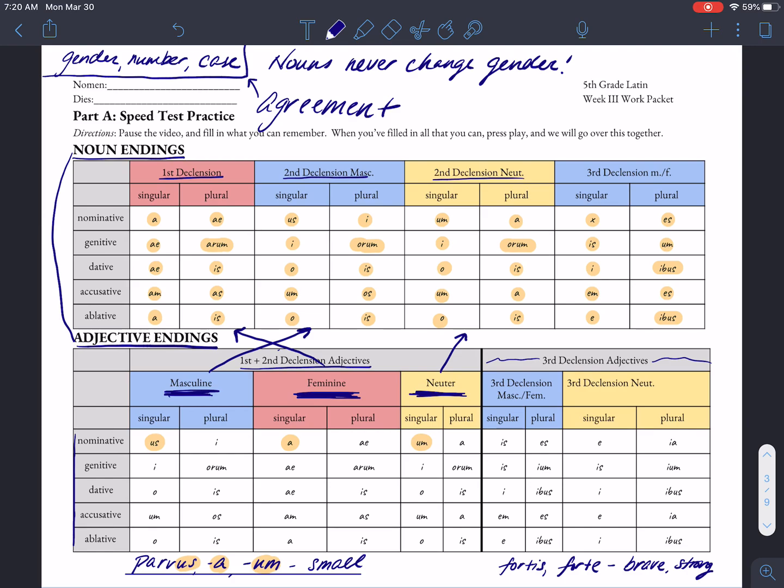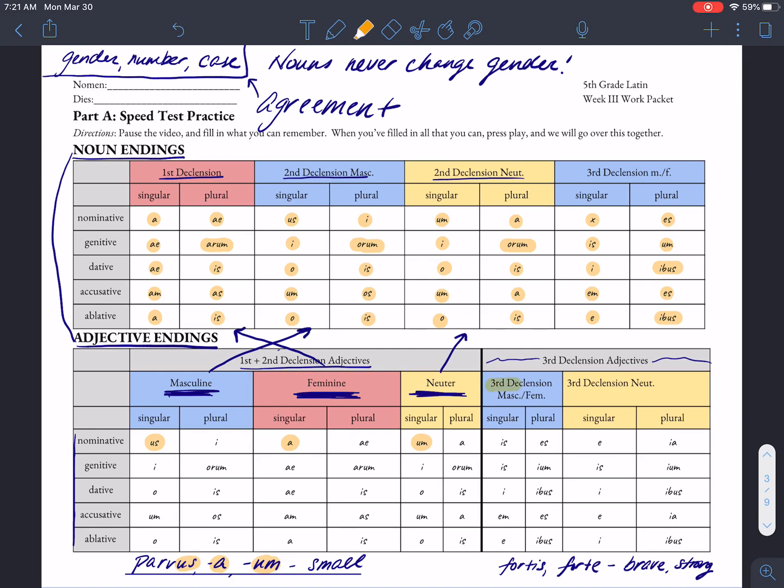And remember, I told you just a couple seconds ago that adjectives need to change themselves to match the noun that they're going with. So how is it then that there's only two charts here, two sets of endings? Well, simple.